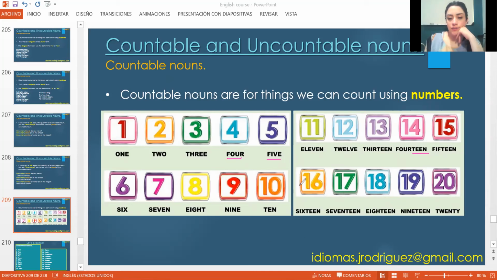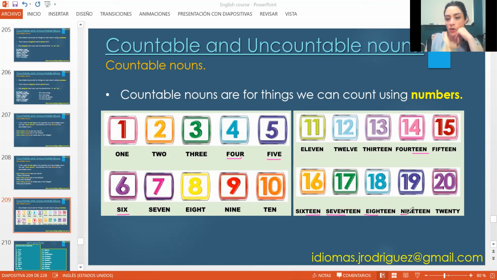16, we use 6 and we add the 10. Also, the number 7, we add the 10. 8, same case. 8 plus the 10. 9, the same.